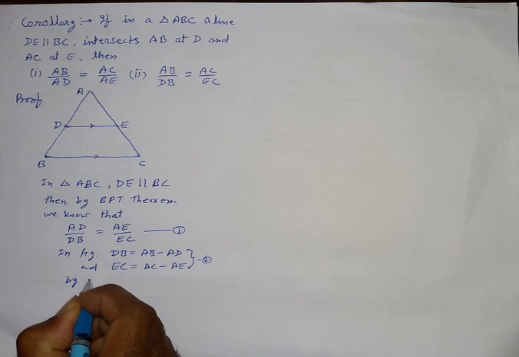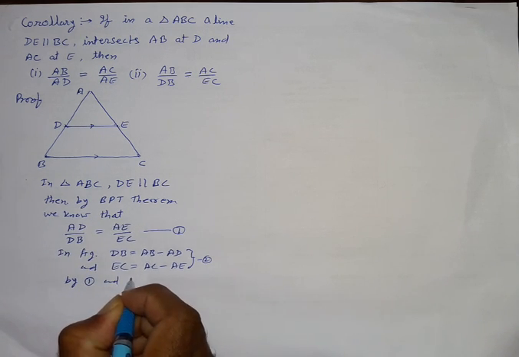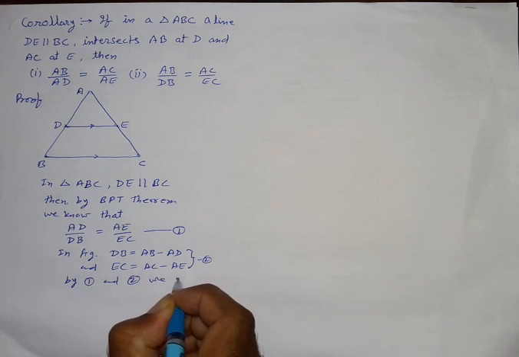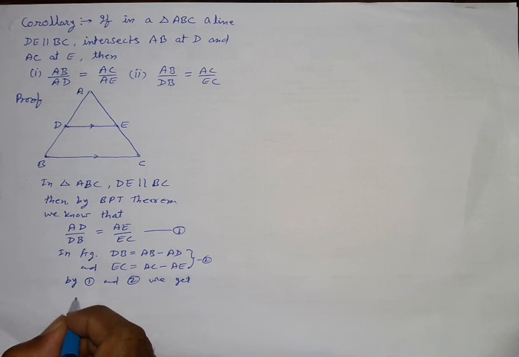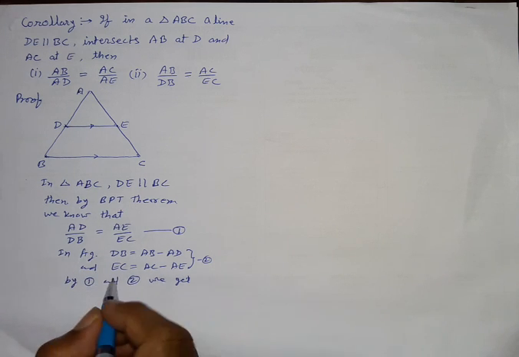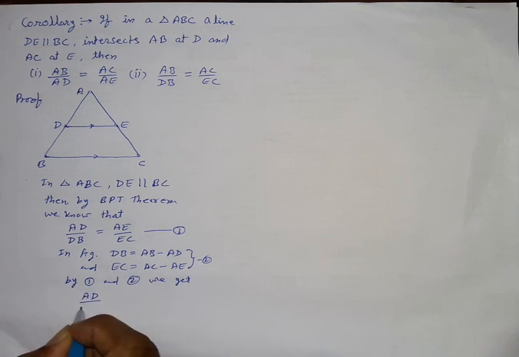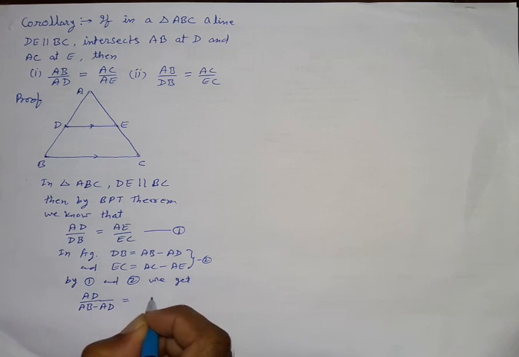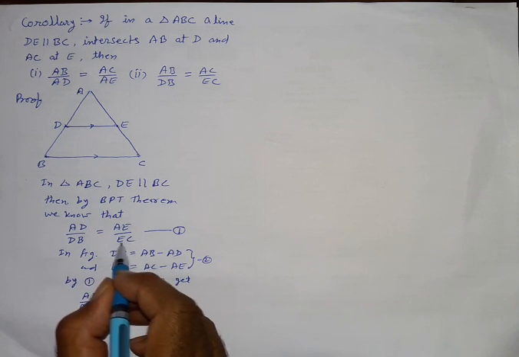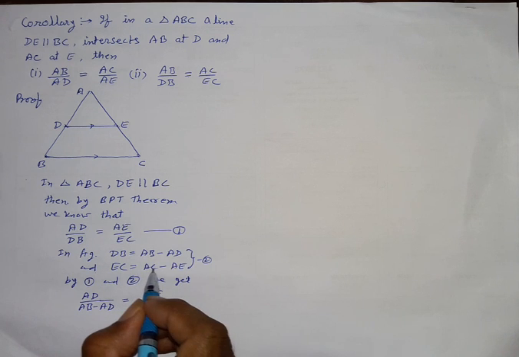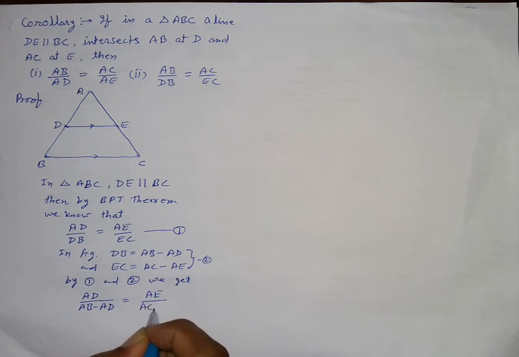By first and second, we put the value of DB is equal to AB minus AD, so AD upon AB minus AD is equal to AE upon, we put the value of EC, AC minus AE.